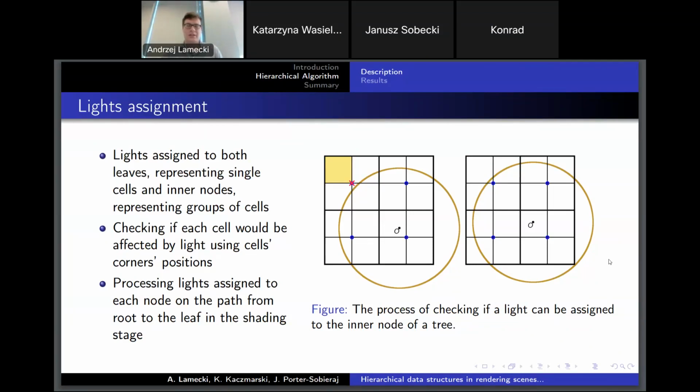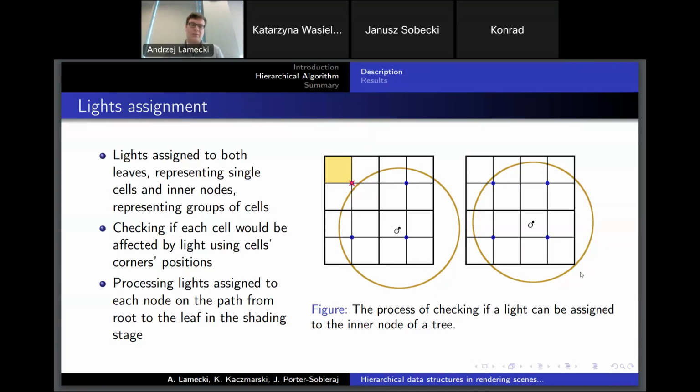In the picture on the right, we can see two situations. On the left side, we can see that the light represented by the yellow circle cannot be assigned to the group of 4x4 cells represented by the black grid, because the cell highlighted in yellow is not in range of the light, which we test using the distance of the blue points representing the cell's corners to the origin of the light.